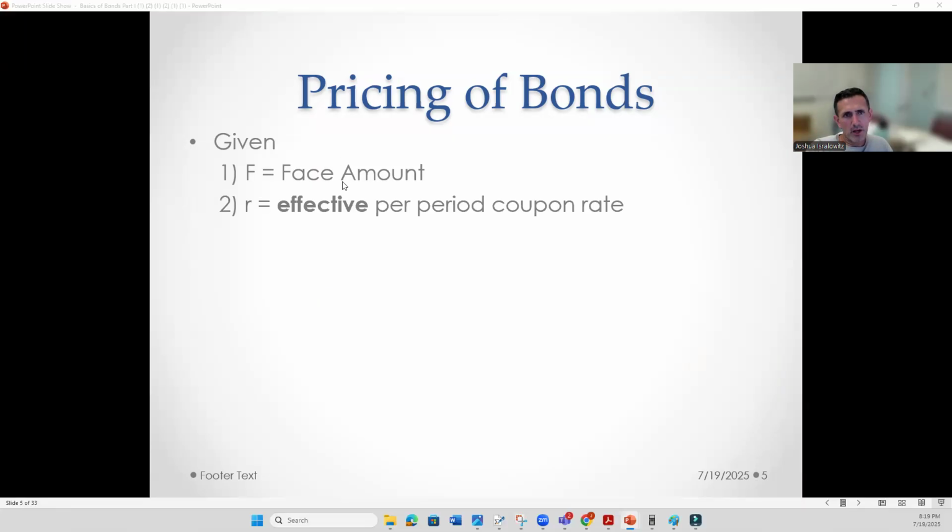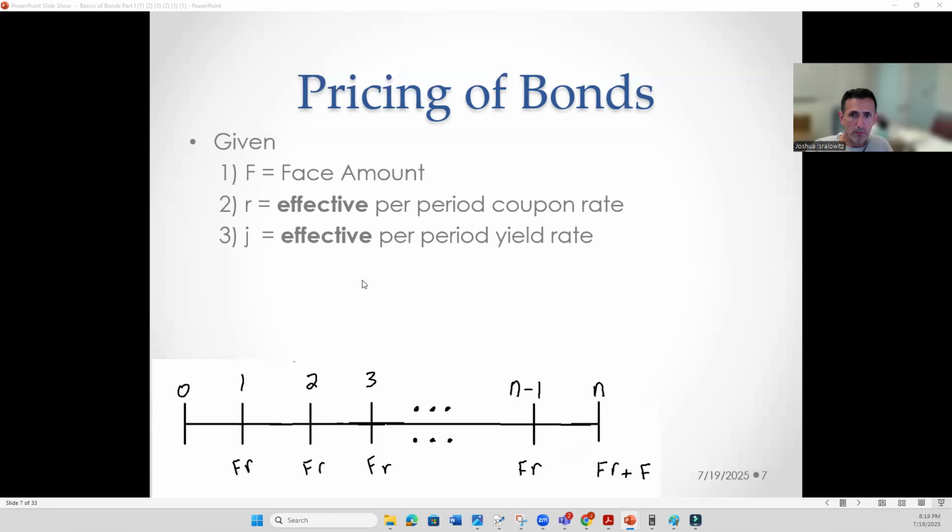So we have a face amount for a bond, we have a coupon rate, we have a yield rate. Given all this, the time diagram for what a bond gives you. So if I purchase a bond, I am purchasing an annuity that gives me the following.